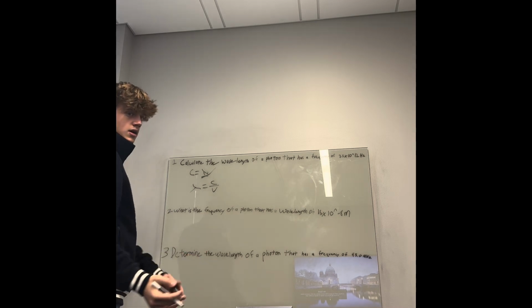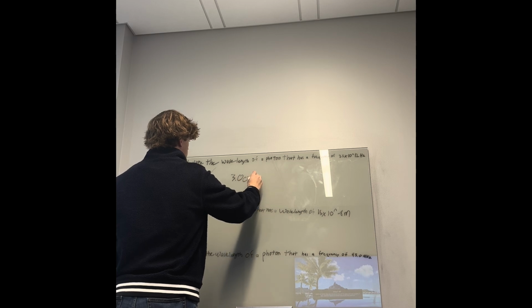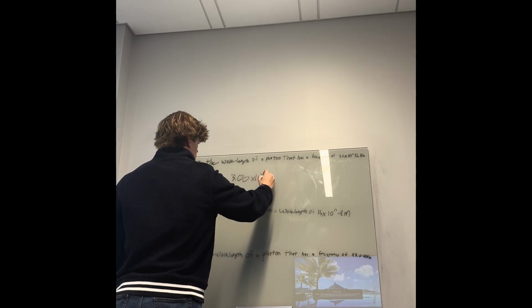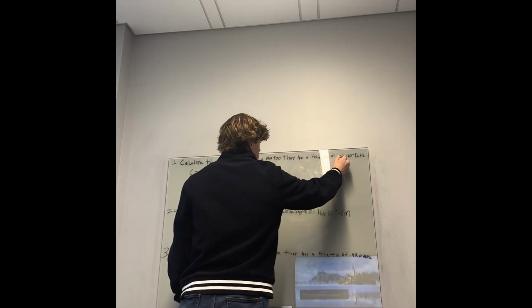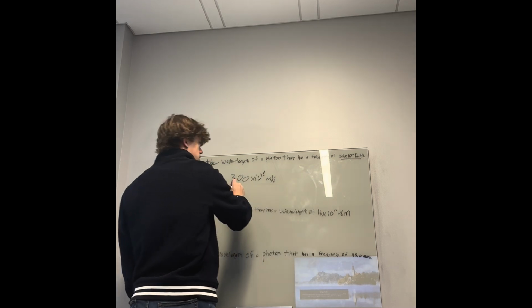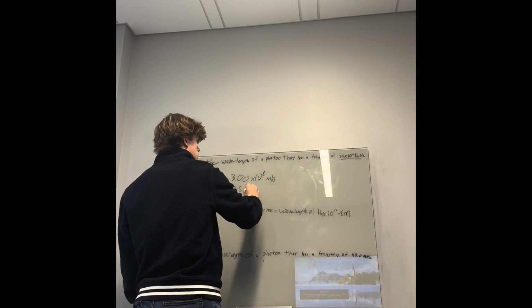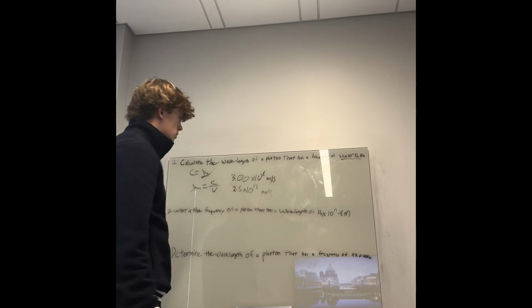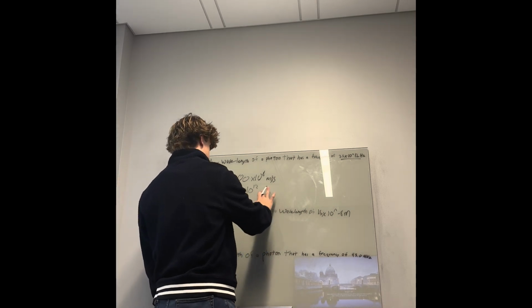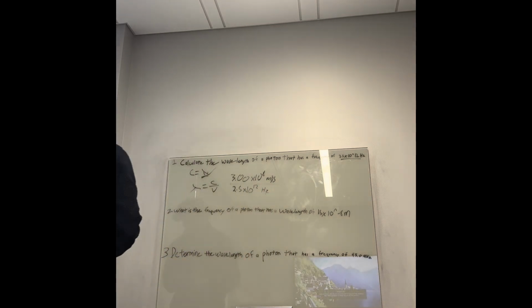So you need to know the speed of light, which is 3.00 times 10 to the 8th meters per second, over the frequency, which you have right here. So you bring that down right here, which would be 2.5 times 10 to the power of 12 hertz.